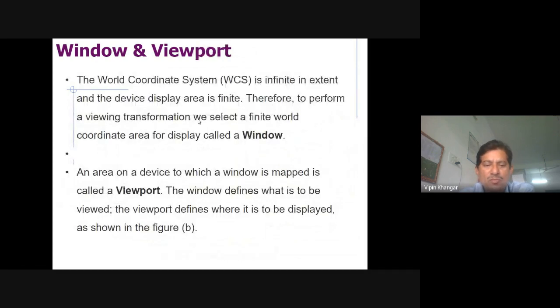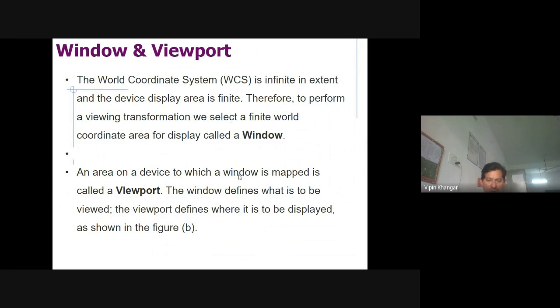To perform a viewing transformation, we select a finite world coordinate area to display, called the window. The dotted portion you see is defined between XW minimum and XW max, and similarly YW minimum and YW max in Y. This region defined by those four coordinates is what we call the window.